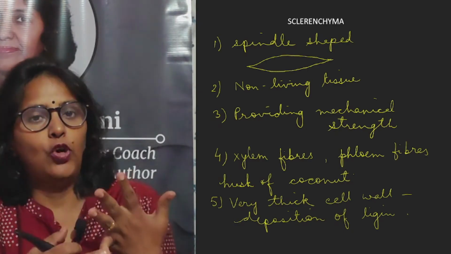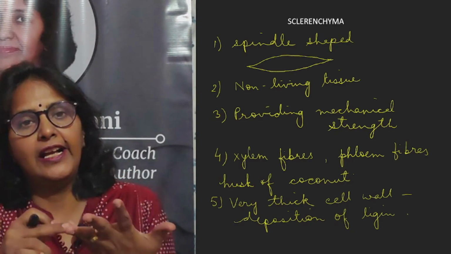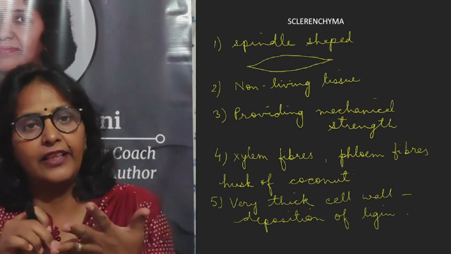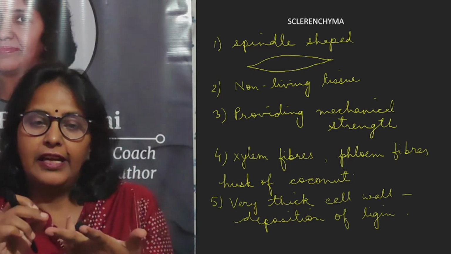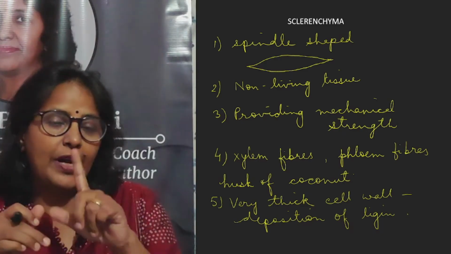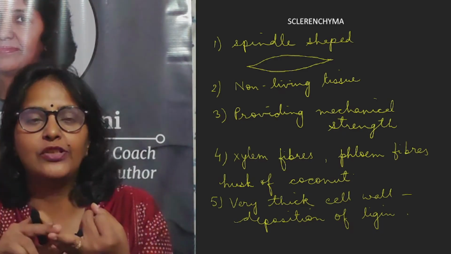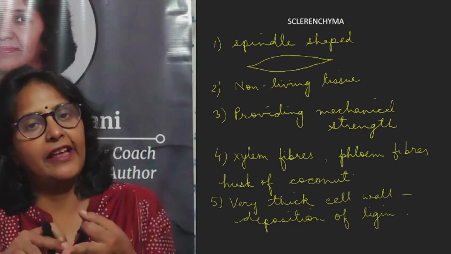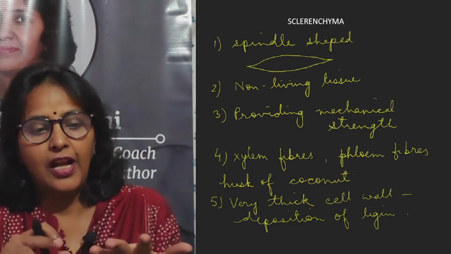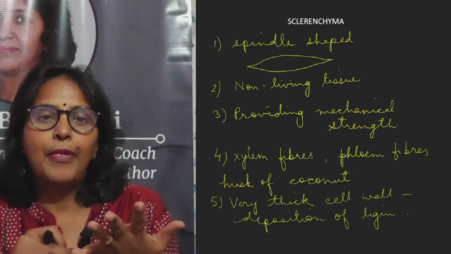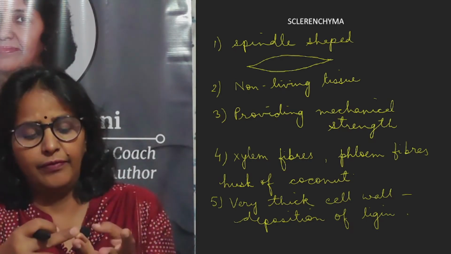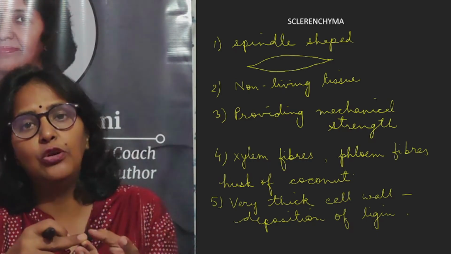Parenchyma had thin wall, collenchyma has thin wall but it is thickened at the corners. Sclerenchyma has thick wall. One difference. Another is parenchyma is living, collenchyma is also living, but sclerenchyma is dead tissue. Third difference is parenchyma is made up of cellulose and hemicellulose.